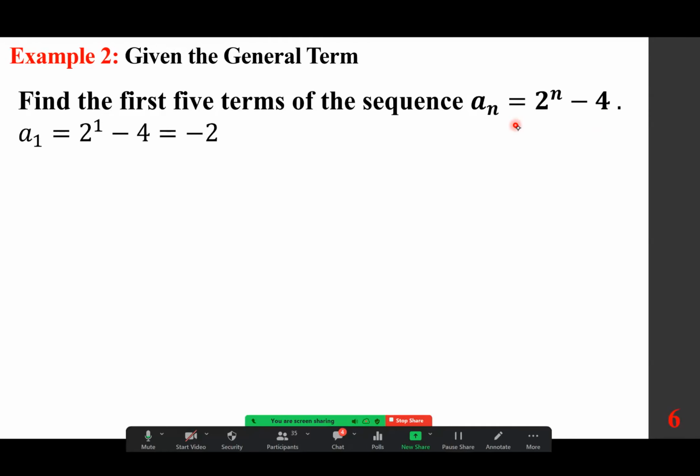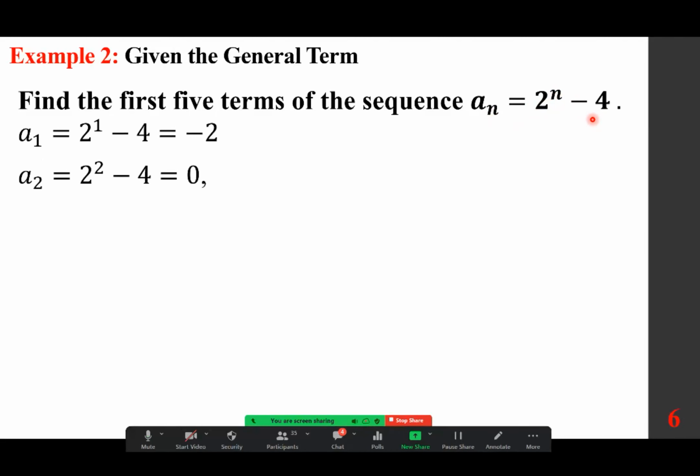Can anybody tell me what a sub 2 is? Anyone? One more time. A sub 2. If I replace the n with 2, 2 squared is 4 minus 4 is 0, isn't it?